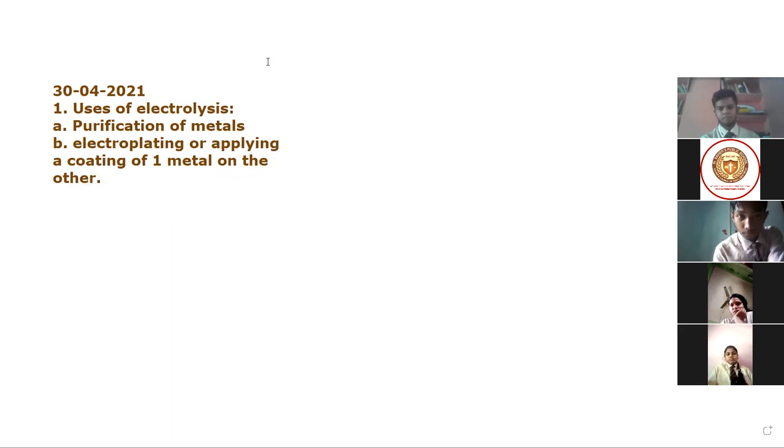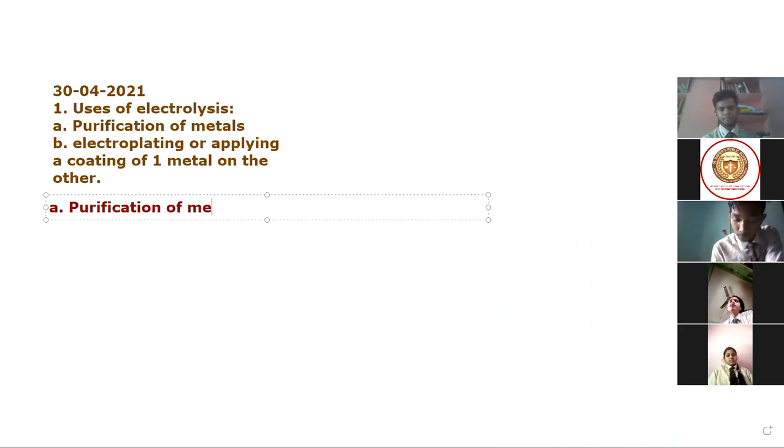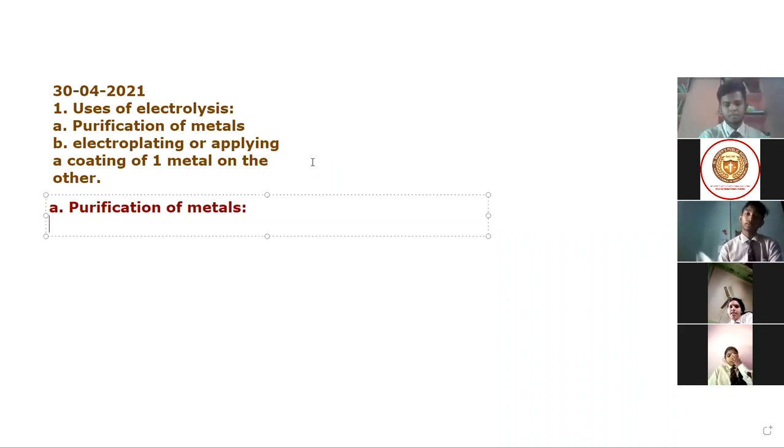Okay, let me start now. Yesterday you have seen what are the components of an electrolytic cell. I hope you remember. Nandini, can you tell me what are the components present in an electrolytic cell? There are electrodes, connecting wire, switch, resistors, cathode, anode, battery, bulb, ammeter.